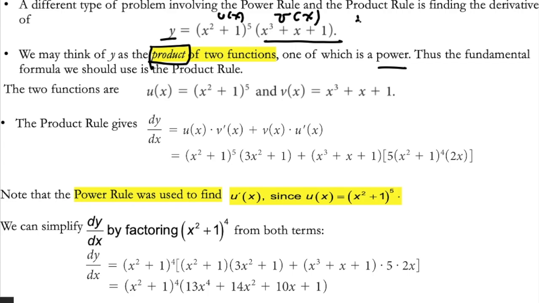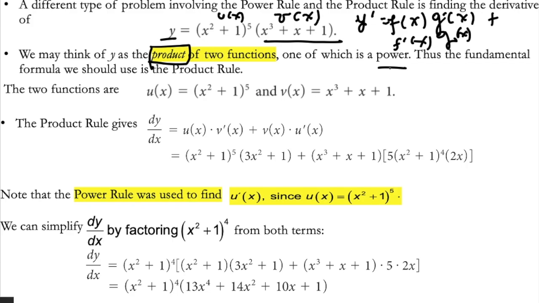In this case, you know that y prime equals f(x) times g prime(x) plus f prime(x) times g(x).